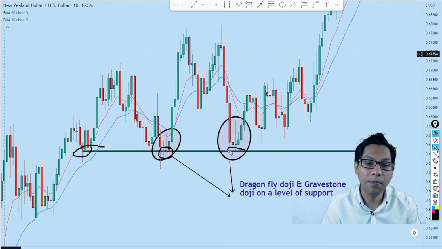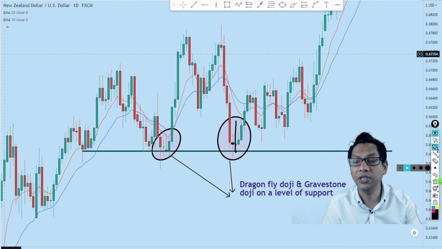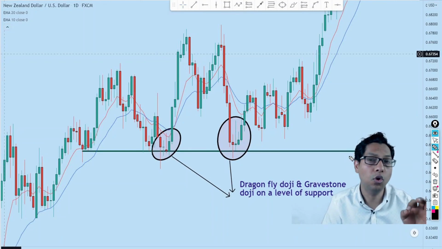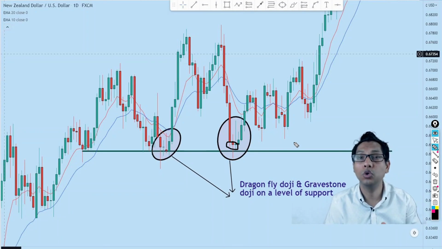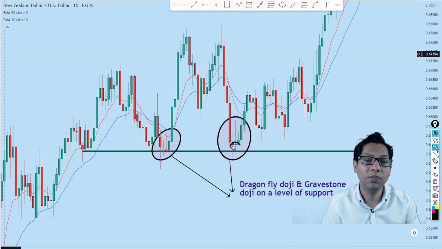Again the buyers came back here, and we have seen back to back two doji: this red one we can consider as a dragonfly doji, and this one we can consider as a gravestone doji according to definition. So back to back two kinds of doji, but on a level of support. When you see them on a level of support, that means this is a sign of reversal.